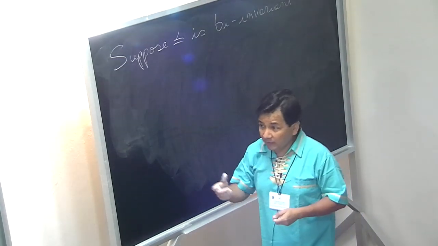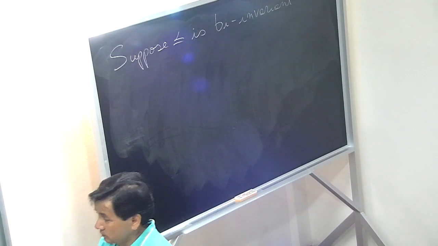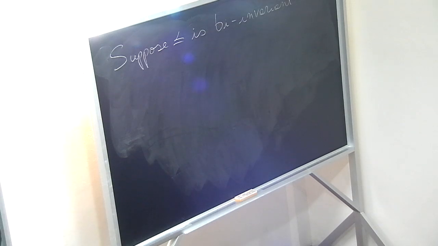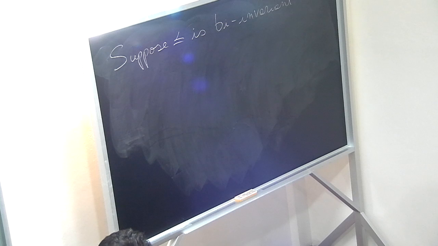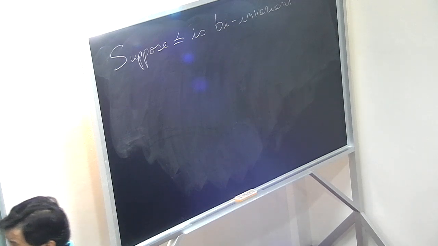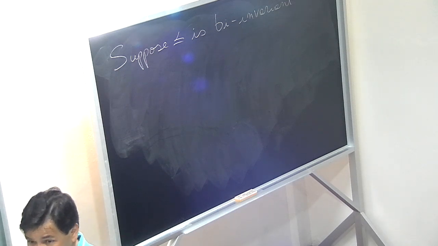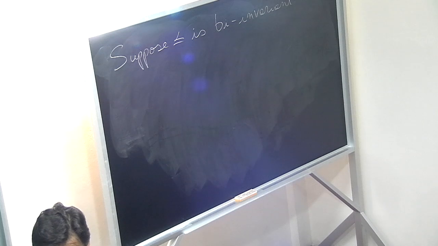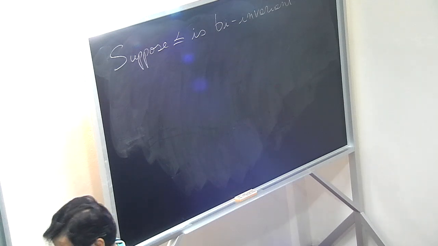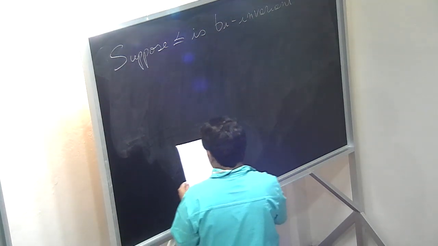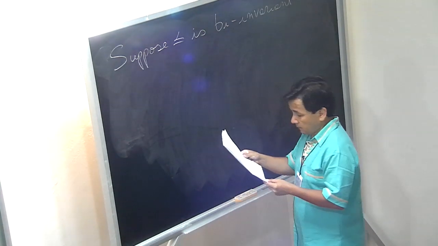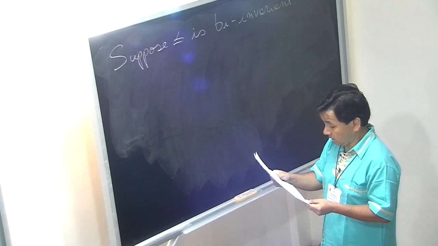So bi-invariance should somehow appear in this dynamical realization in a certain way. One should be able to recognize that the order from which this action was constructed was actually bi-invariant. And there is a nice way to recognize the bi-invariance property.